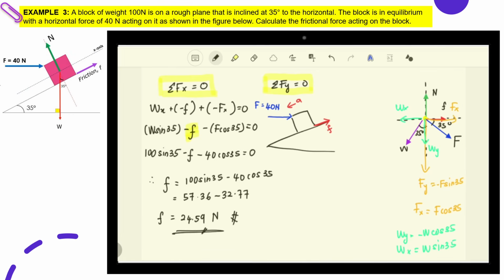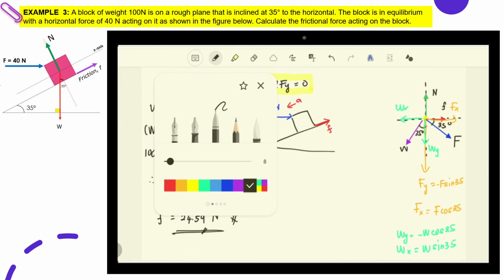Kita tak guna pun total Fy, sebab guna Fx saja dah boleh selesaikan, because soalan tanya the frictional force. Kalau soalan tanya what is the coefficient of friction, mu k, then kita perlu guna total Fy is equal to 0. Why?